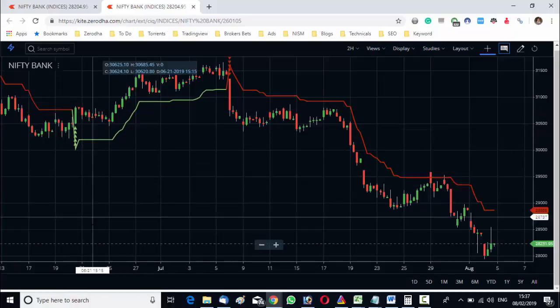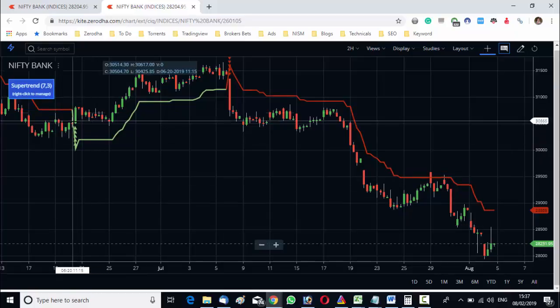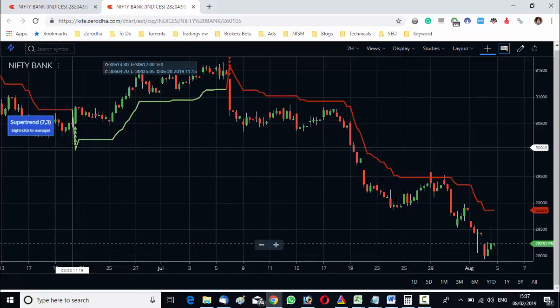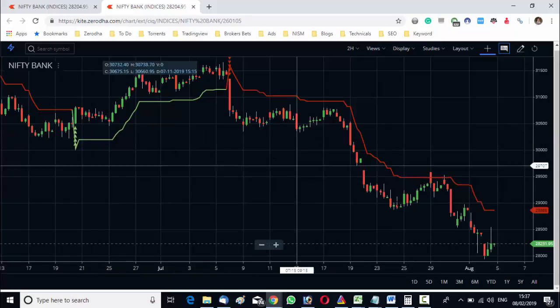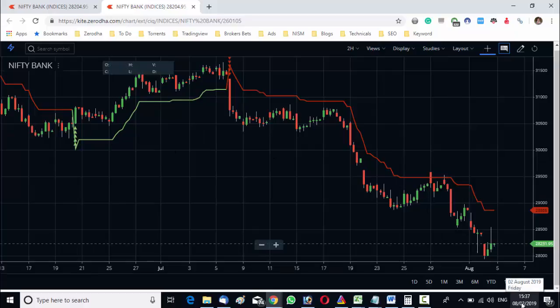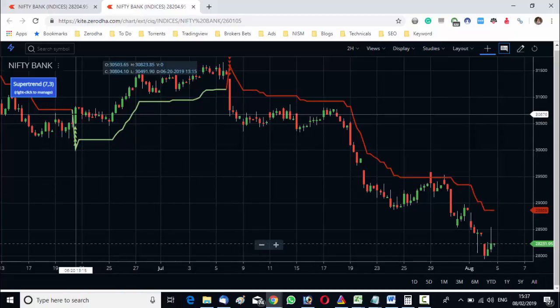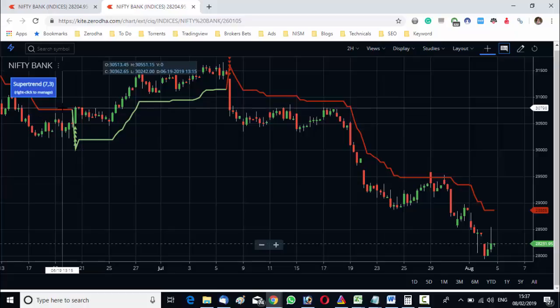So this buy signal has come at the end of July. I feel it was the 20th of July. So from the 20th of July till today, the 2nd of August, it is around 12 days, and within 12-13 days it has given us a profit potential of 3,650 points.